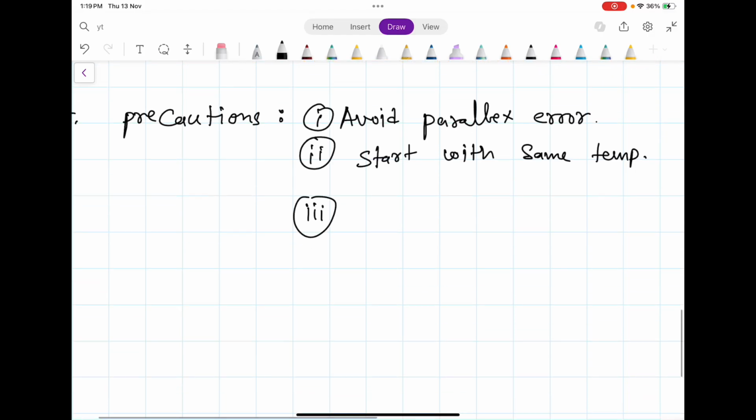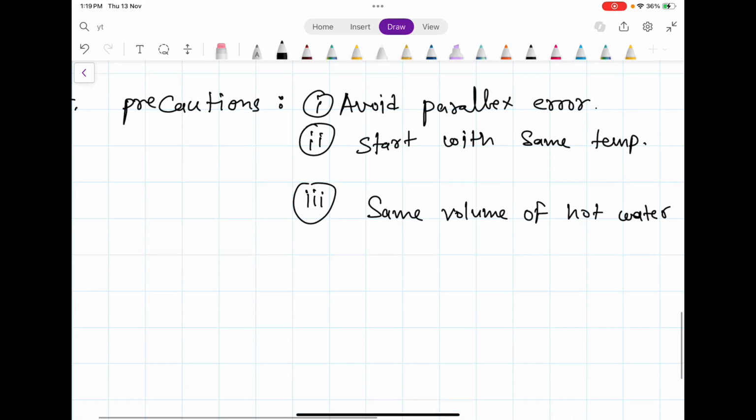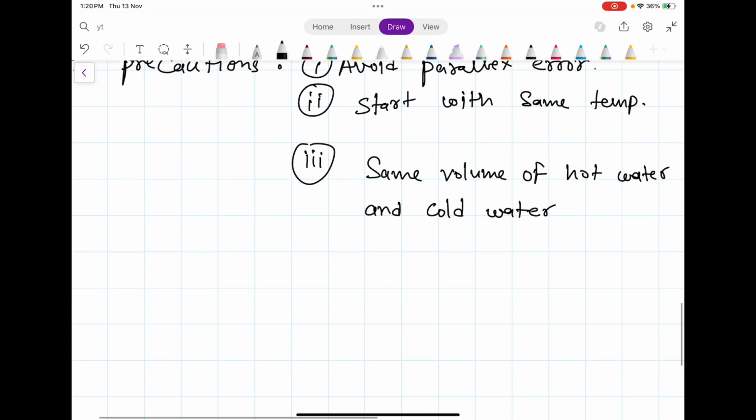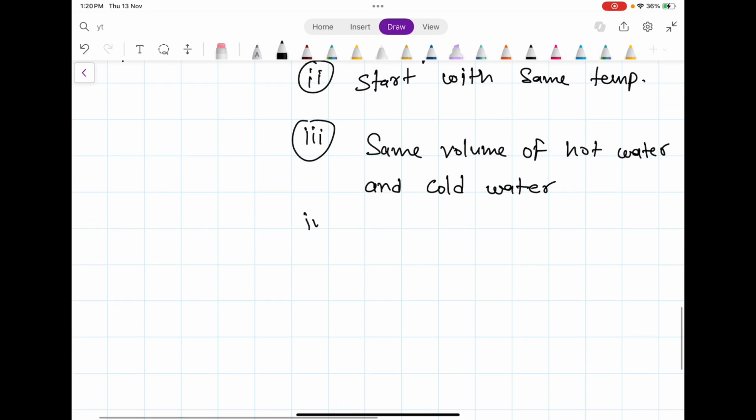Also you can take the same volume of hot water and cold water. Same room temperature you can mention.